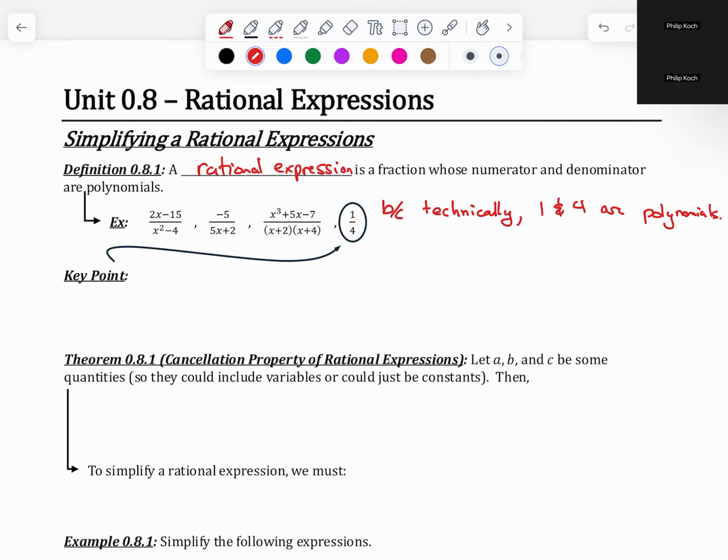We talked about fractional stuff in 0.7. All the rules that we learned there still apply. It's just an abstractification of that.